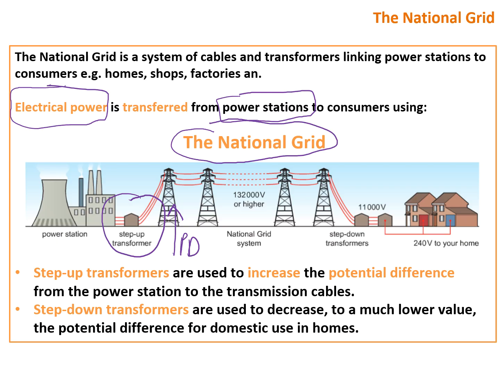If you look there, it's sent around the country at 132,000 volts. Because we send it round at high voltage, you get less resistance. When it gets near factories, homes, etc., the electricity goes through a step-down transformer, so it's gradually stepped down until it's 240 volts to your home.